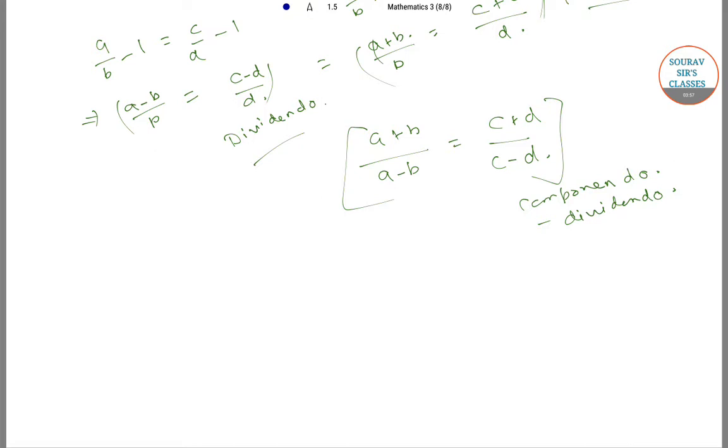Now, proportionality or proportion are of two types. The first is direct proportion and second is indirect proportion.